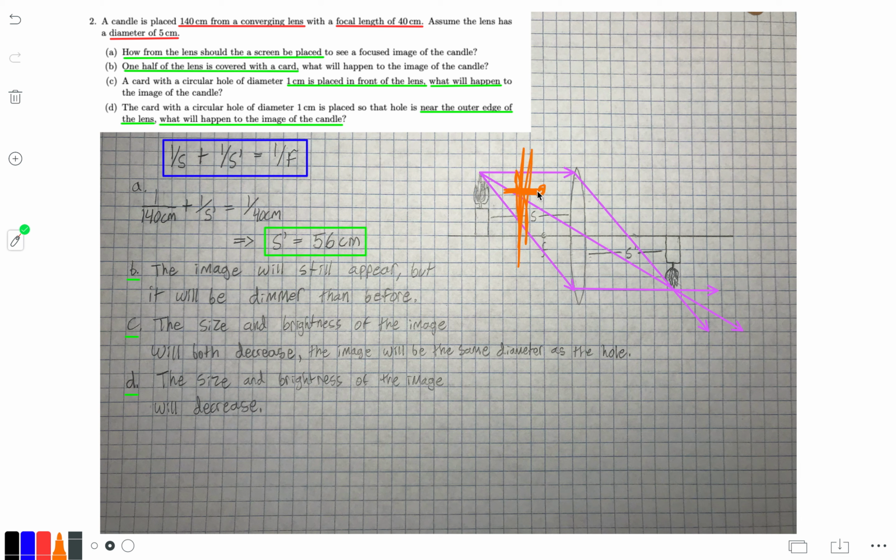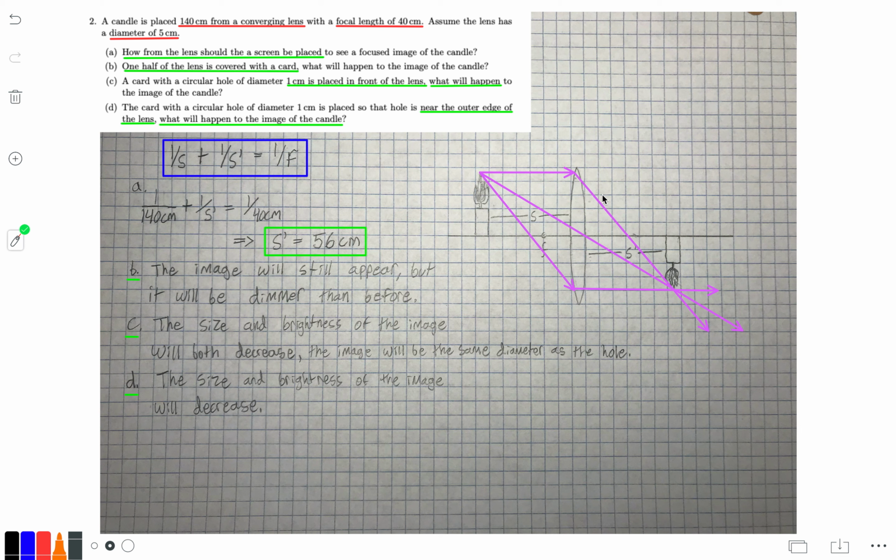So it's going to be dim in the same way that it was dim in part B, in that there are not as many rays, so fewer rays means there's going to be less light, but the size will also decrease because the diameter of the hole actually limits the diameter of the final image.